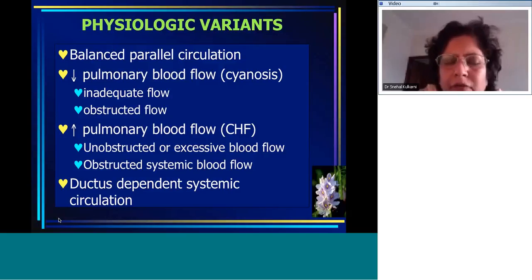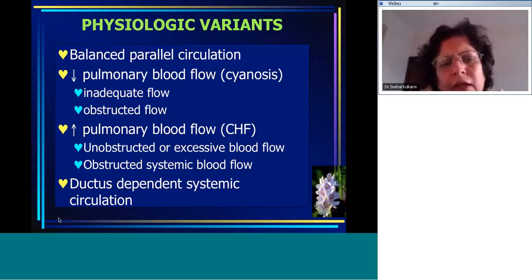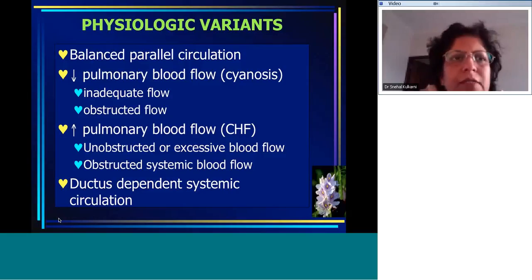It's a difficult decision whether we have to push these patients to a univentricular pathway. The second situation is significantly reduced pulmonary blood flow. You may have a univentricular heart, such as tricuspid atresia, with significantly reduced pulmonary blood flow, and the patient will present with cyanosis, maybe oxygen saturations of 70% or less.